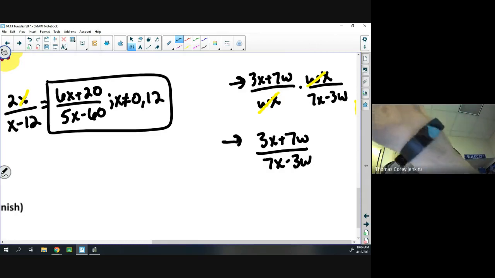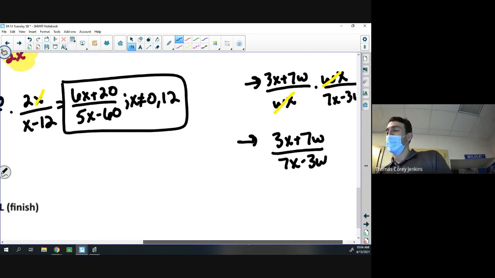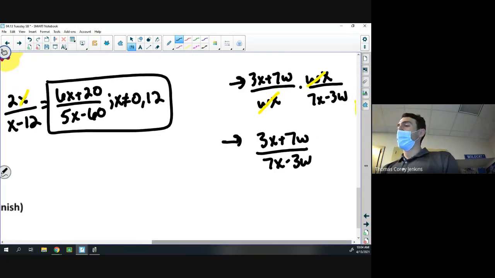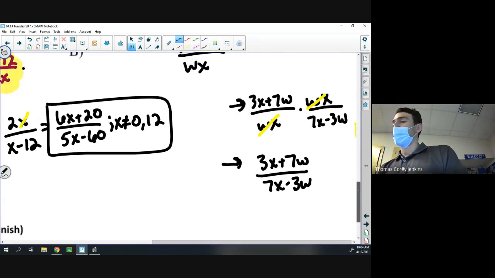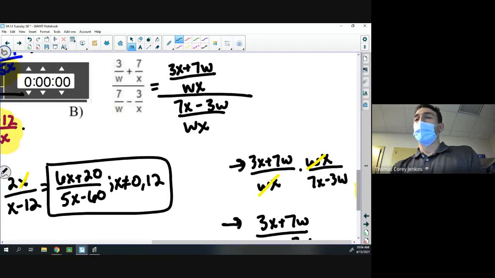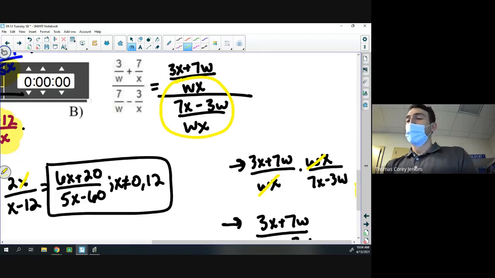Something like that? No. You should have just said yes. You should have just said yes there. But yeah, that would be it. As far as our restrictions go, we're looking at anything that makes those equal to 0.